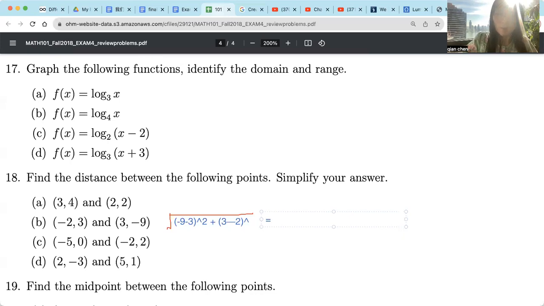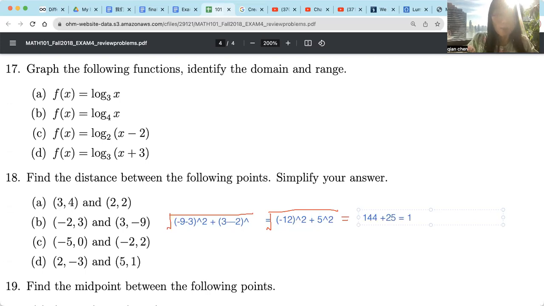Then this becomes -9 minus 3, that's -12 squared, plus 3 minus -2, that becomes 3 plus 2, which is a 5 squared. Then we square root. -12 times -12, that's 144. 5 squared, 5 times 5, that's 25.